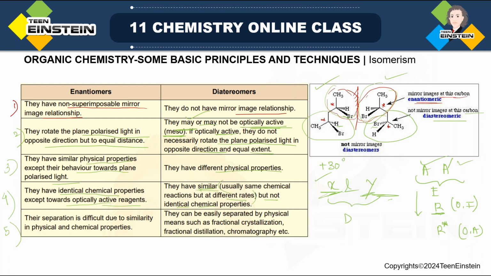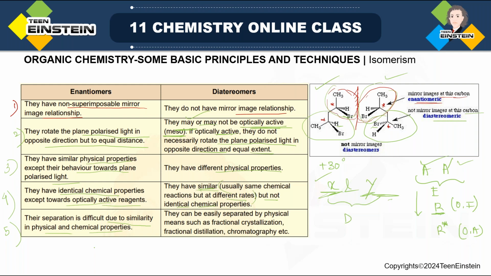Next point, their separation is difficult because of similarity in physical and chemical properties. When you are trying to separate two molecules, you will obviously use some method, a reagent or some technique. But if both molecules behave in a similar way, how will you separate them?